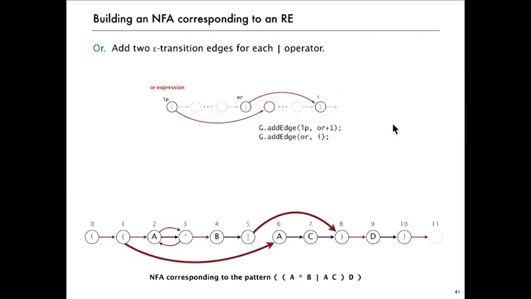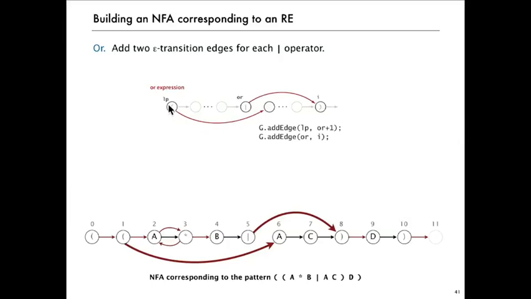And then for or, there's 2 epsilon transition edges that we have to add, and that is to allow the machine to skip the first part of the expression and do the second, or to do the first part of the expression and skip the second.